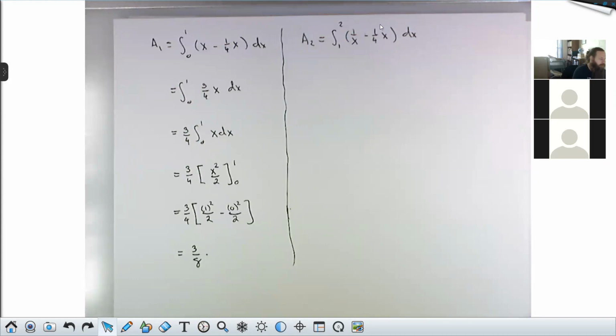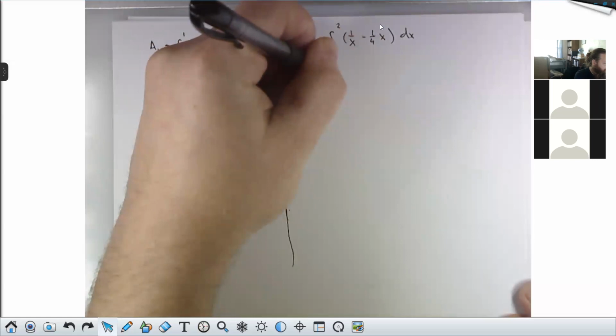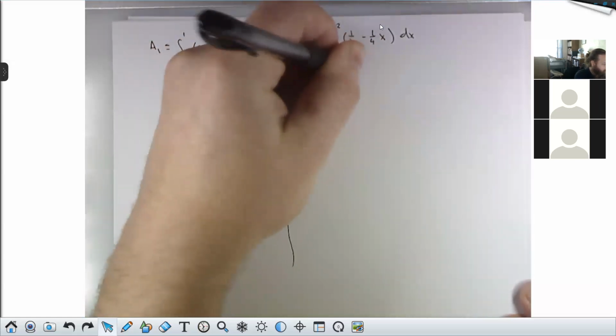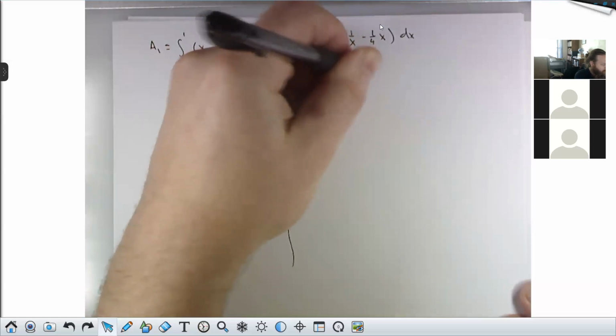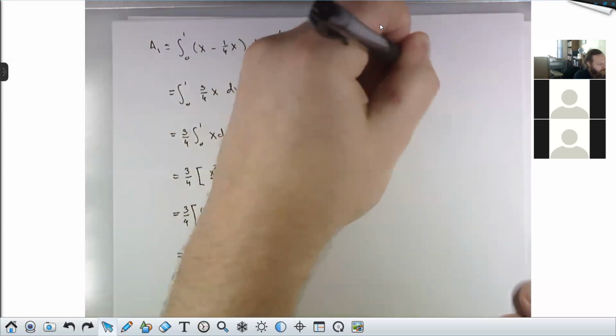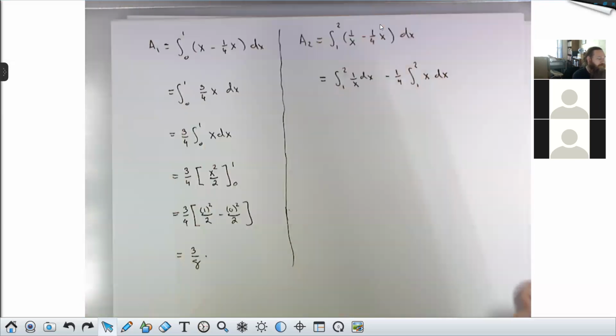So I really do just have to jump in and handle these. You could think of it as splitting them up if you want to, as the integral from 1 to 2 of 1 over x dx minus 1/4 integral 1 to 2 of x dx. Or if you are confident coming up with your antiderivative for this whole thing right away, you could skip this step, right?